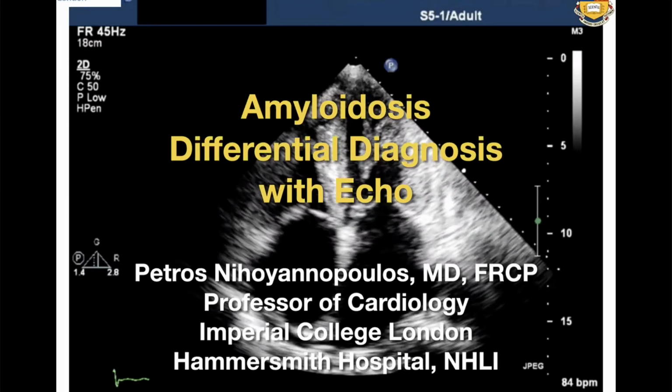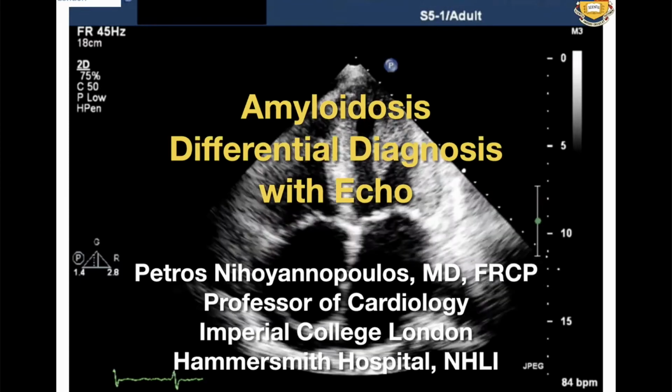Obviously, cardiac amyloidosis is the hallmark of this cardiomyopathy, the familial on one side versus the non-familial on the other side, which are generally called phenocopies.